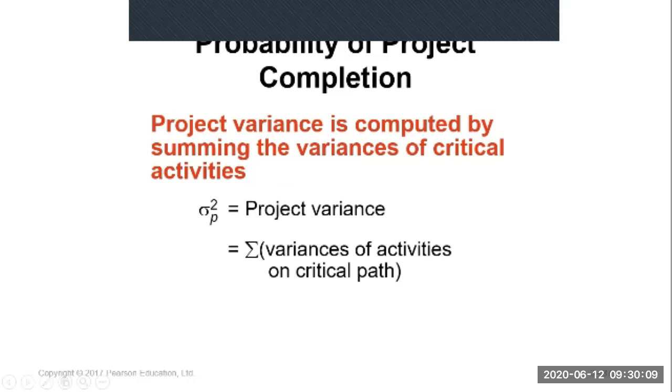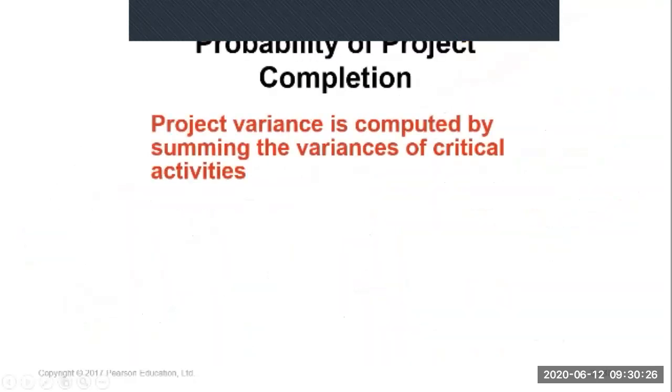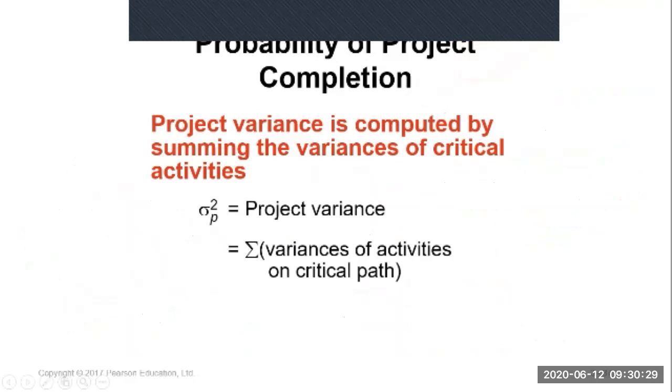The project variance is the sum of the variances for critical activities. In this example, you calculate the variance for all activities, same as project duration, but you sum up only the critical activities, then you get the project duration. Same as project variance, sum up the variance for critical activities.